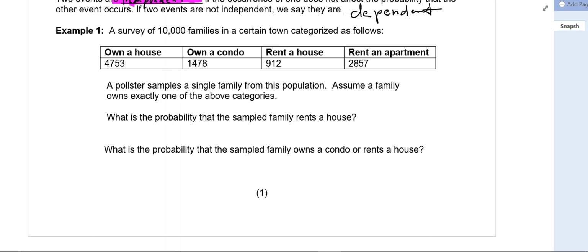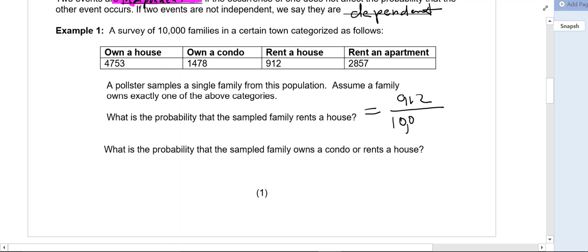What is the probability that the sampled family rents a house? This is the fundamental definition of probability. If you can count how many ways you can choose a family that rents a house, write it down. That's the numerator. If you can determine all the possible families that can be selected, that's the denominator.